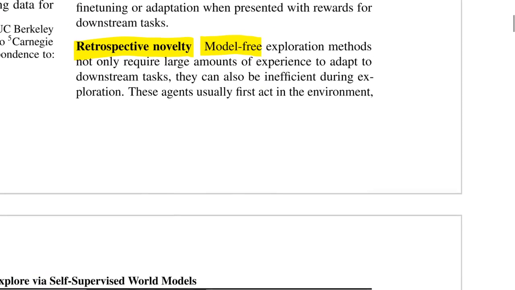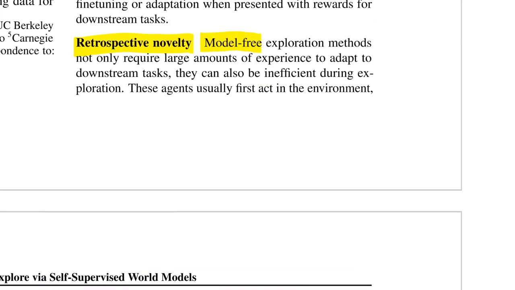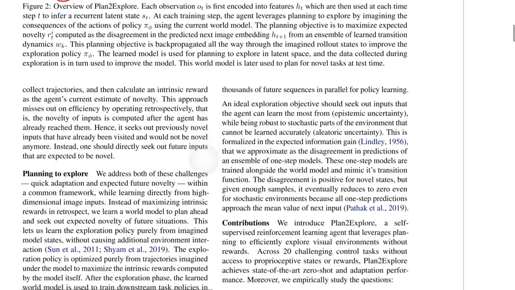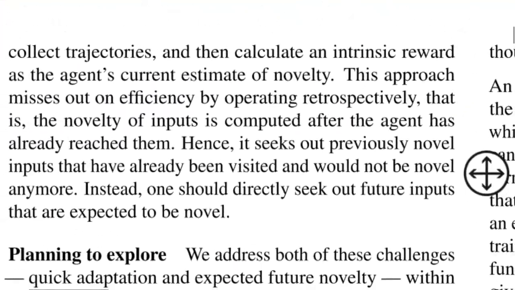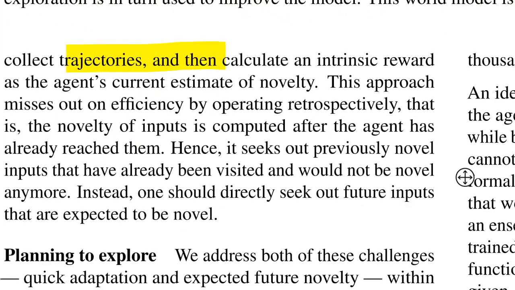They say this right here. The retrospective novelty model-free exploration methods not only require large amounts of experience to adapt to downstream tasks, they can also be inefficient during exploration. These agents usually first act in the environment, collect trajectories, and then calculate an intrinsic reward as the agent's current estimate of novelty.